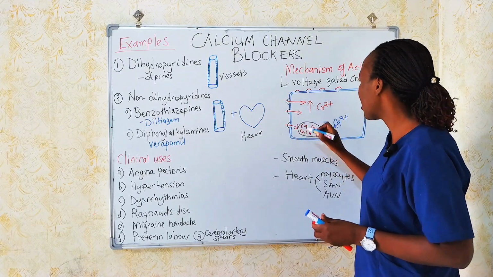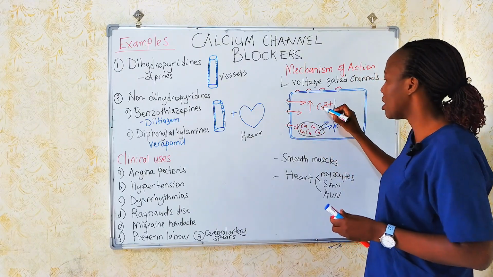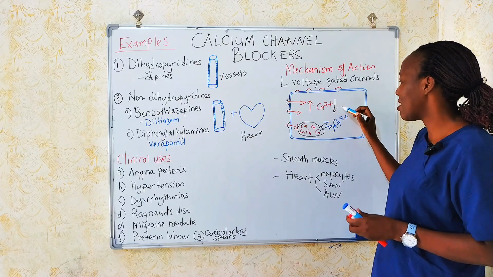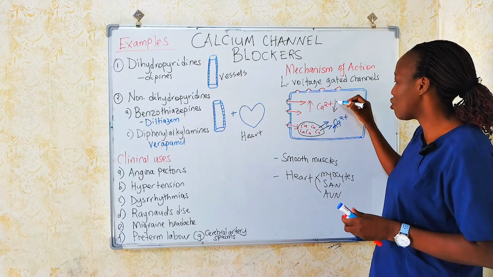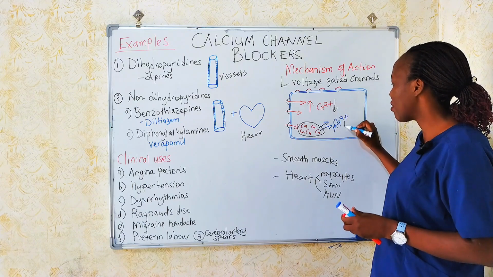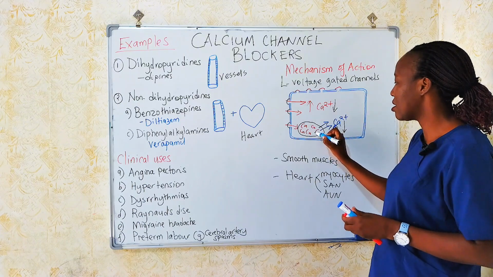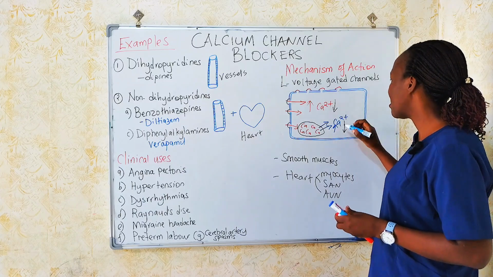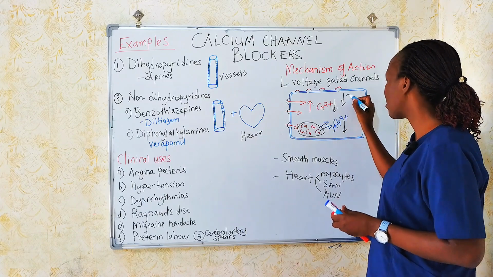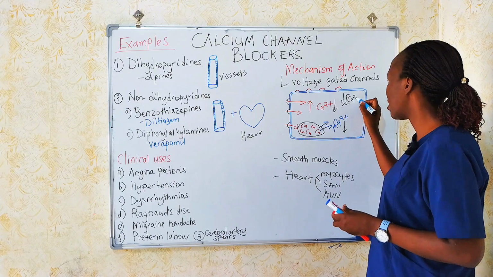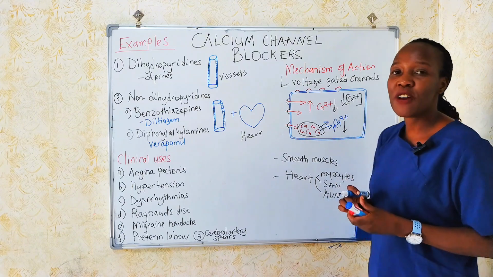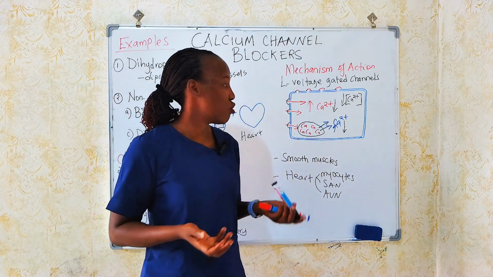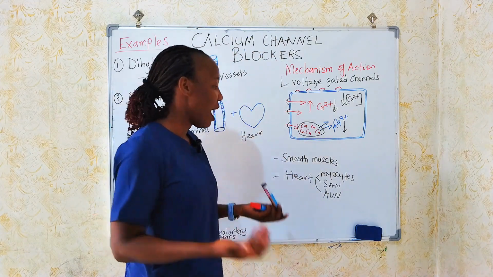And when we plug them, we will have a reduction in calcium ion concentration inside the cell. Because we are having that reduction, we will also have a reduction in the release of calcium from the sarcoplasmic reticulum. So at the end of the day, we are basically going to have a reduction in intracellular concentration of calcium, and that is going to bring about a reduction in force of contraction and a reduction in heart rate.